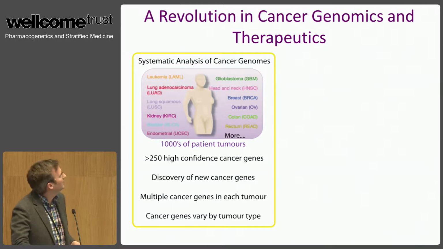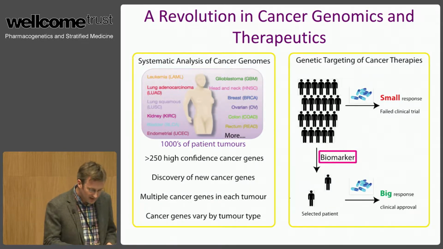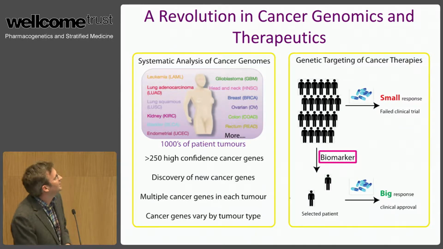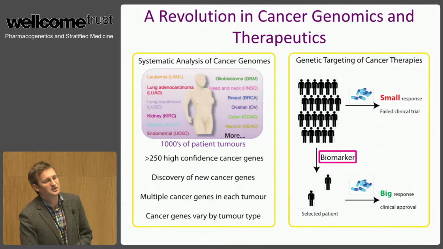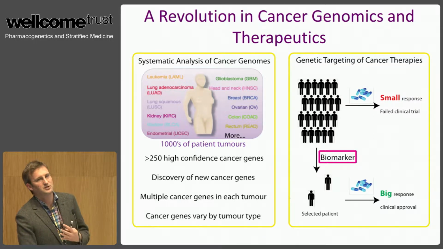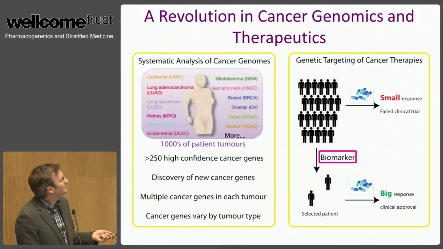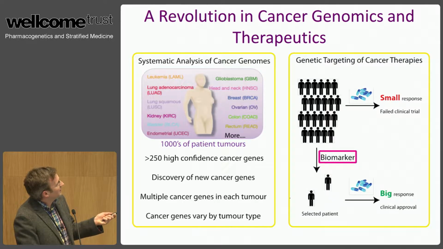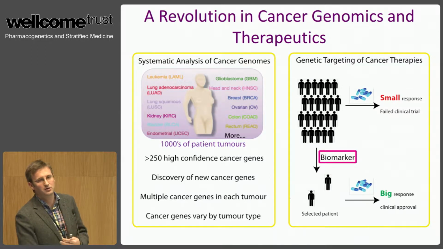The second key development has been an emphasis on genetically targeted cancer therapies, which is, I think, in essence what we're talking about here, based around patient stratification. Just briefly, traditionally, clinical trials have been done on large cohorts of unselected patients.